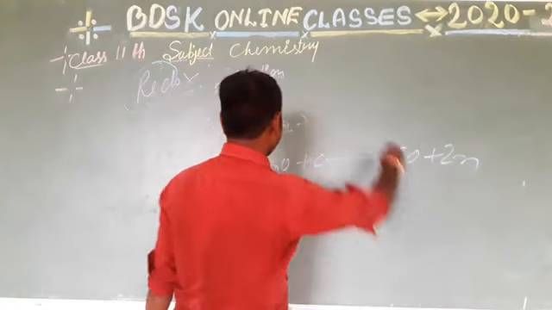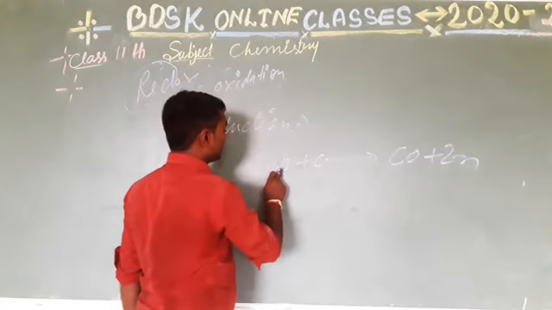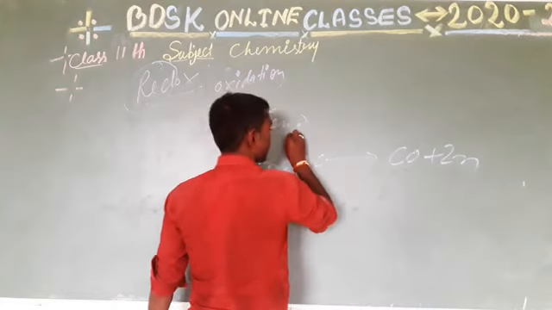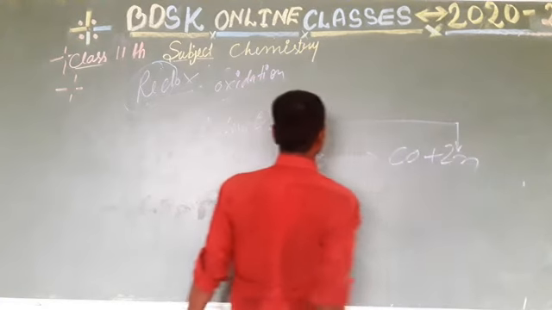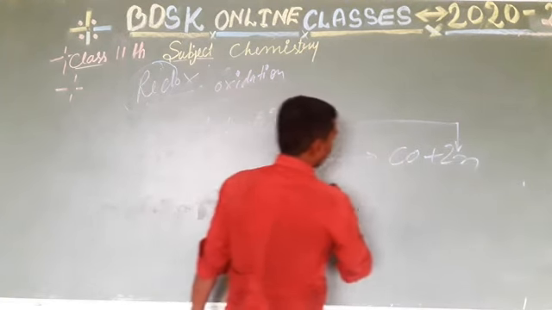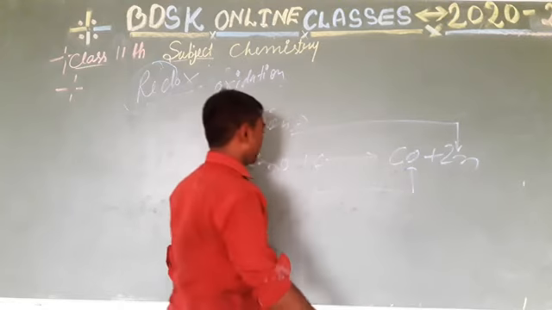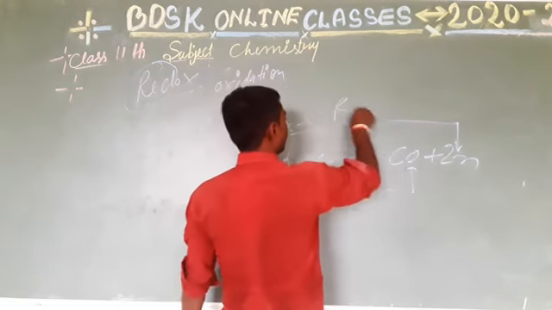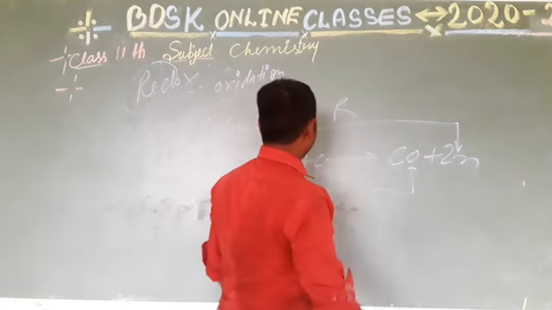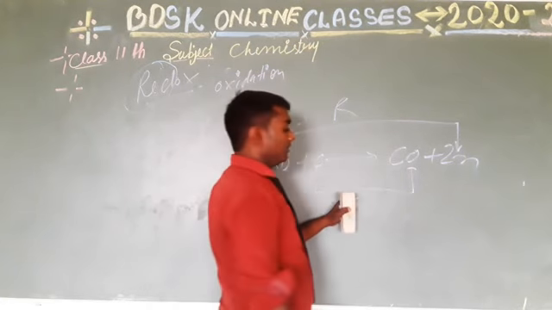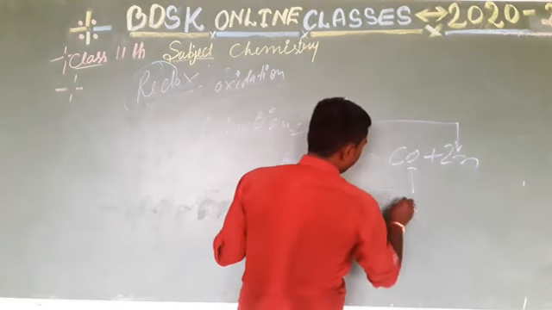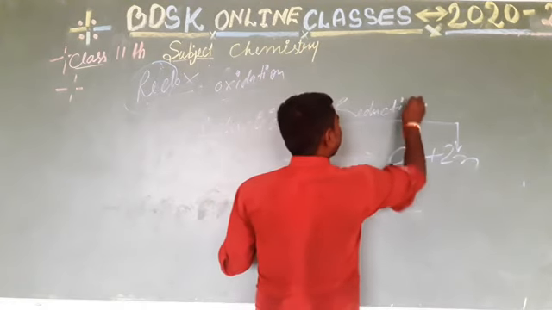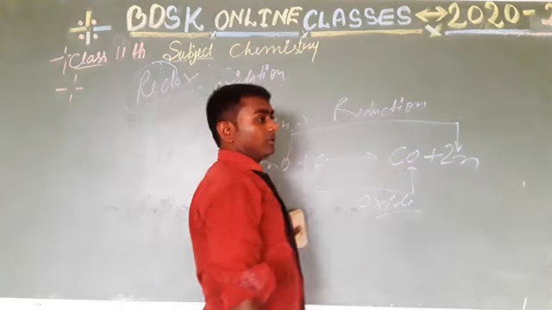So you can see that the oxygen from this zinc oxide is removed to form zinc, and oxygen is added to carbon to form carbon monoxide. And you know that the removal of oxygen is called reduction, and addition of oxygen is called oxidation. Okay, so you can say that oxidation and reduction go side by side.